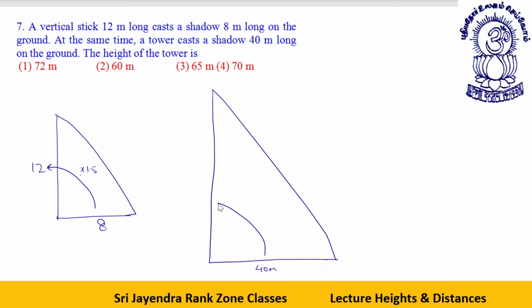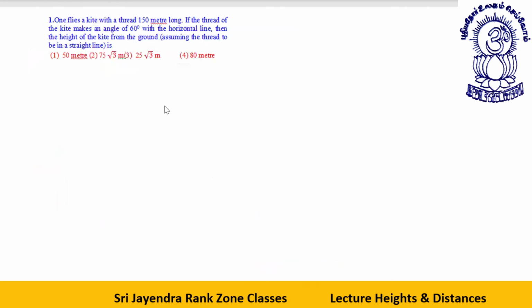So what will happen? This is 40 meters. If you multiply this by 1.5, what do you get? You get 60 meters. The height of the tower is 60 meters. Option 2. Clear to all of you? Okay. Next one.